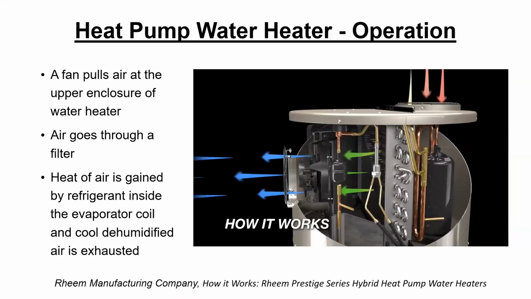So operation-wise, the top part works like a heat pump. A fan pulls the air from the upper enclosure. Air goes through the filter, and then the heat of the air is gained by the refrigerant inside the evaporator coil, and cool, dehumidified air is exhausted to the space. This way you cool down your space, great for summer really.